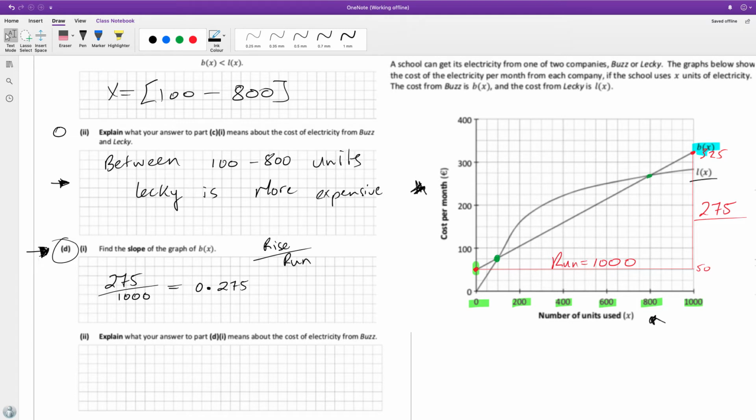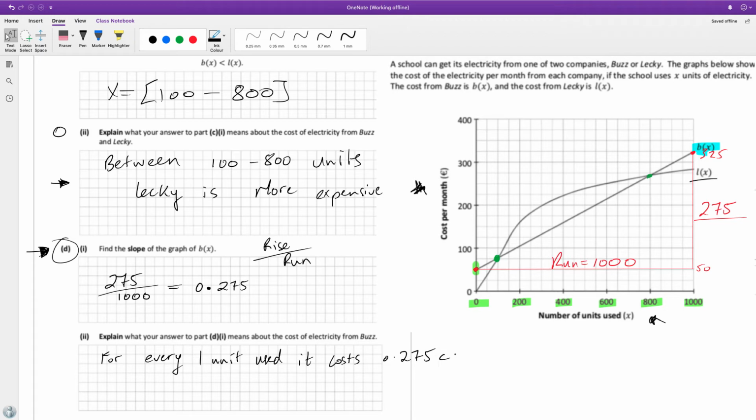I don't know what 0.275 means. For every 1 unit used, it costs us 0.275 cent. That's what it means.